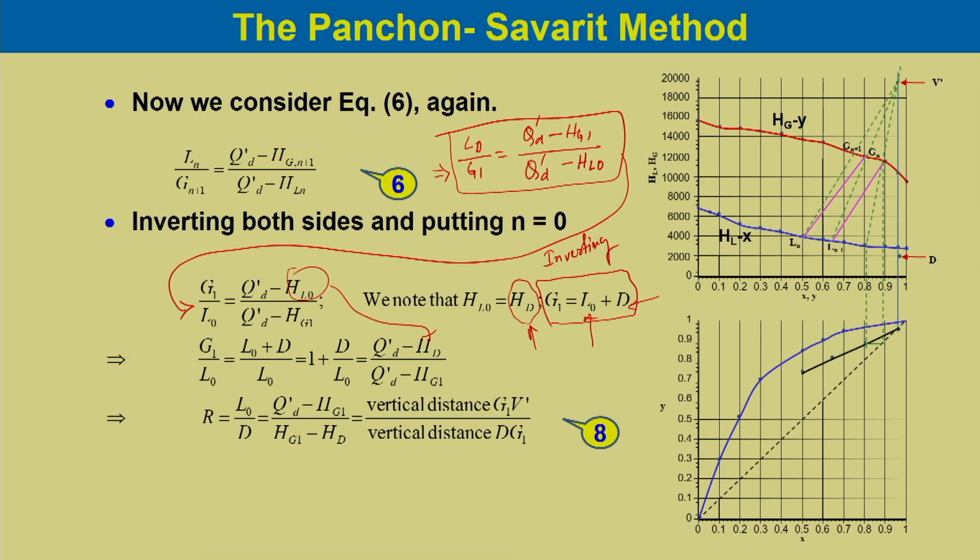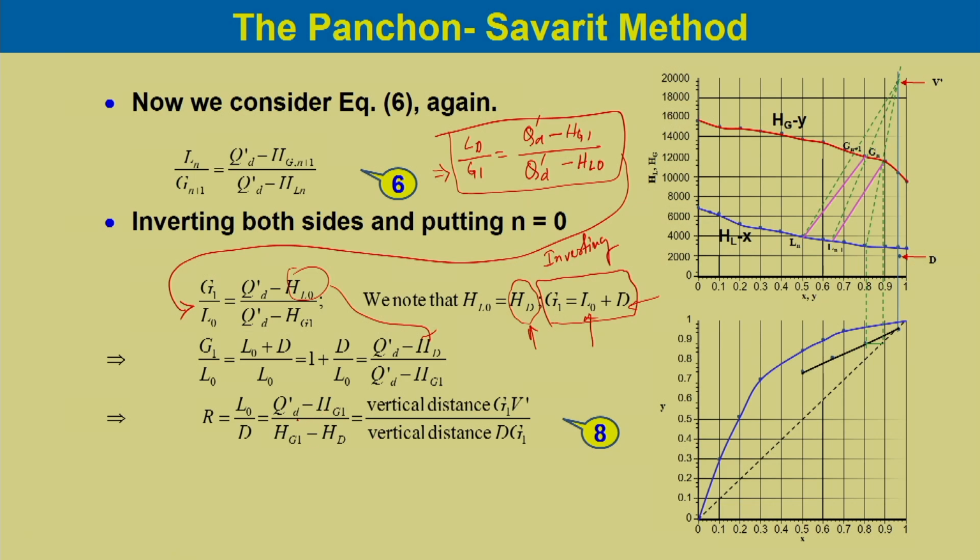So, if we define the external reflux ratio, L naught by D, it would be equal to Qd dash minus Hg1 divided by Hg1 minus Hd.